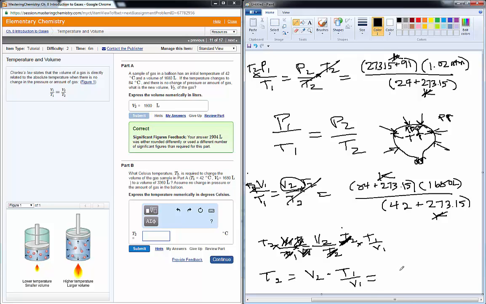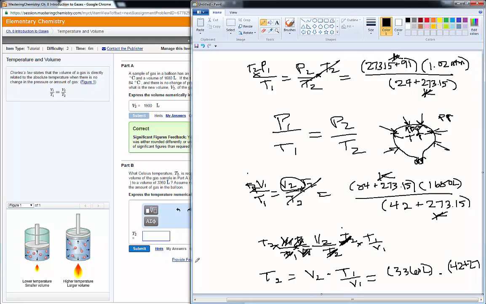The second volume, they say, is 3360 liters. The initial temperature, again, is 42 Celsius, so we've got to convert that to Kelvin.